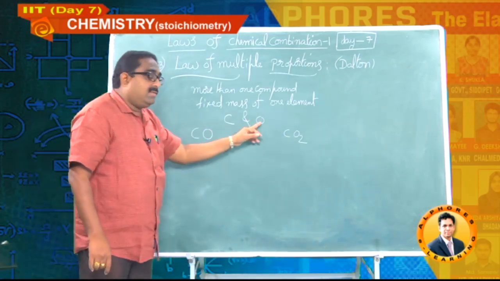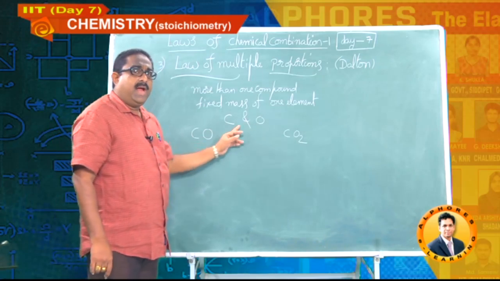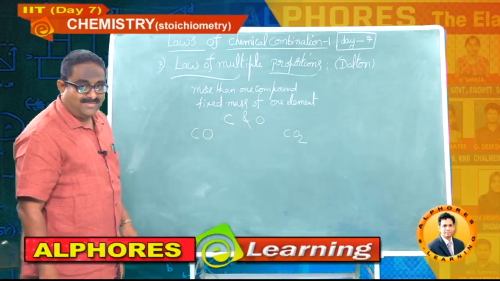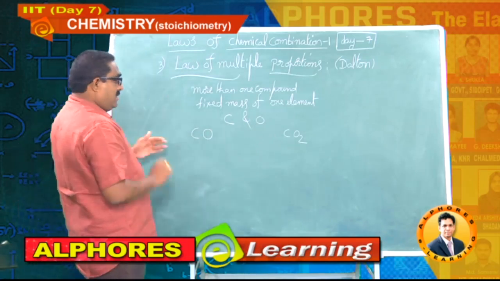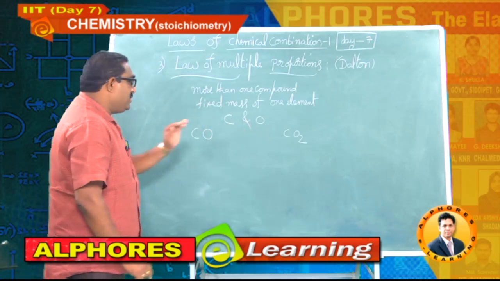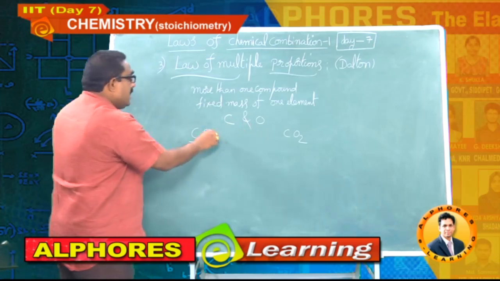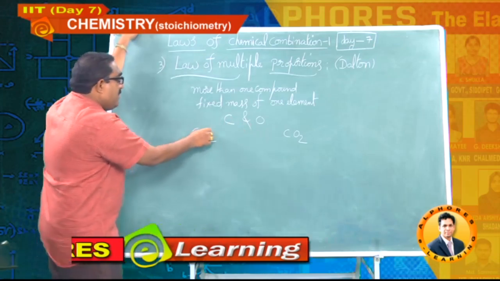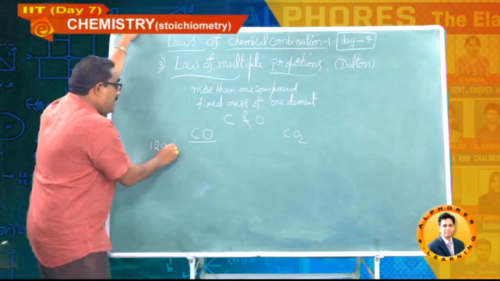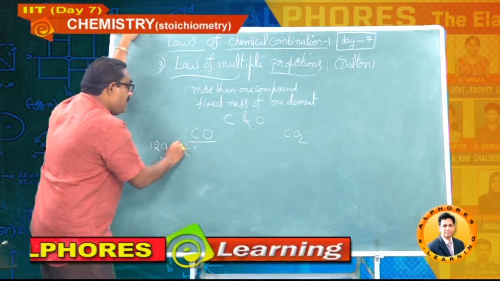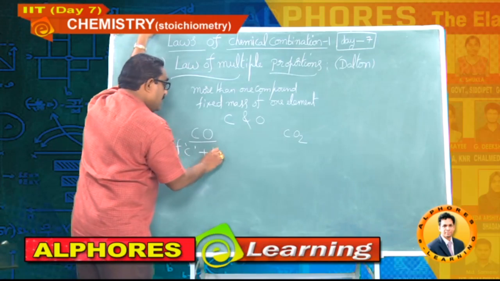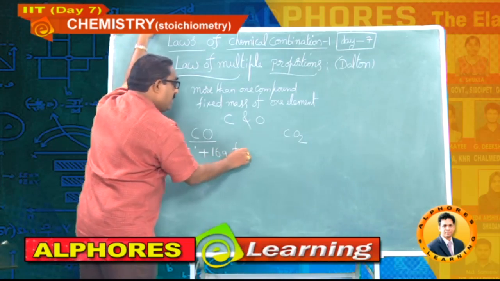Two elements combine together to form more than one compound. Okay. Now let me write the details, mass composition of these two compounds. Here carbon monoxide, one carbon, one oxygen. So you can write the data. Write down, students. 12 grams of carbon combines with 16 grams of oxygen.